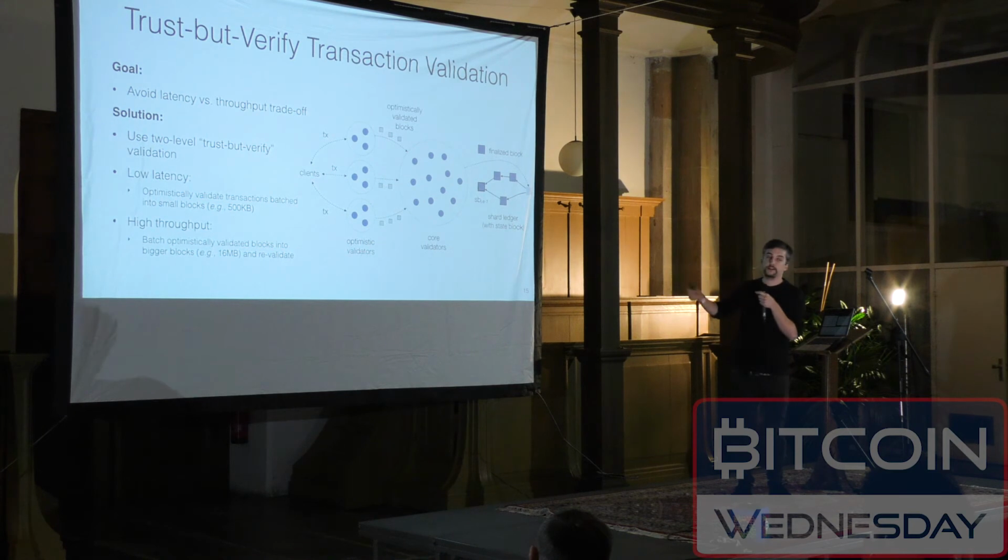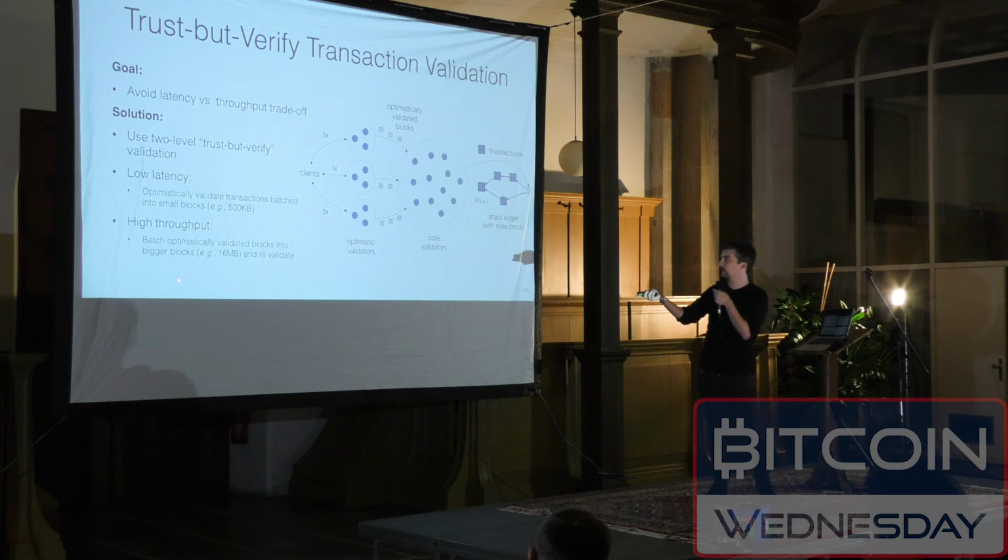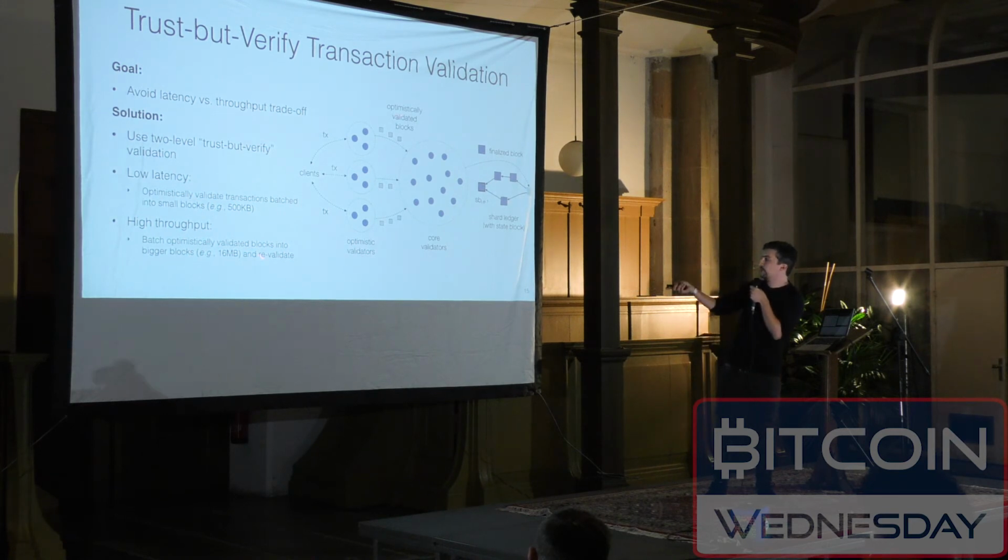So the core validators then do a revalidation of these optimistically validated blocks, and if everything is correct, the finalized block goes into the blockchain. For example, the optimistically validated blocks can be of the order of 500 kilobytes, whereas the high throughput is achieved through these finalized blocks. They are 16 megabyte blocks.